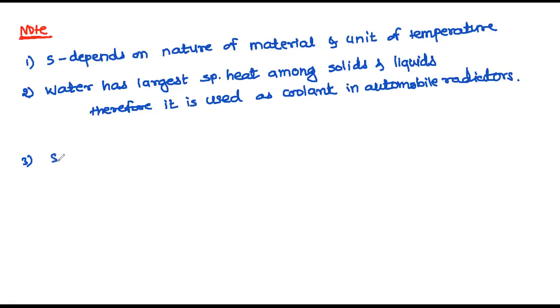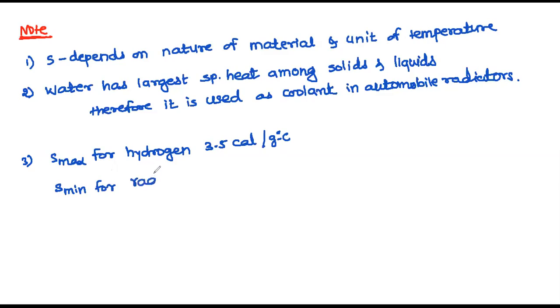Third point. Specific heat is maximum for hydrogen. How much is that? 3.5 calorie per gram degree Celsius. ओके, किसको ज्यादा है? सबसे ज्यादा हाइड्रोजन को. And minimum for radon and actinium.